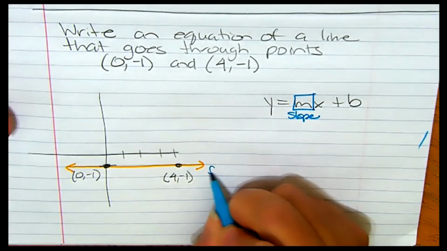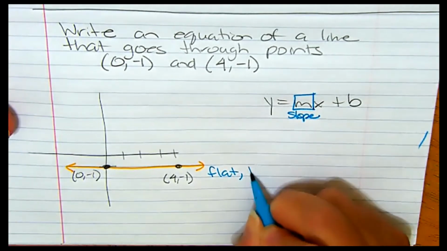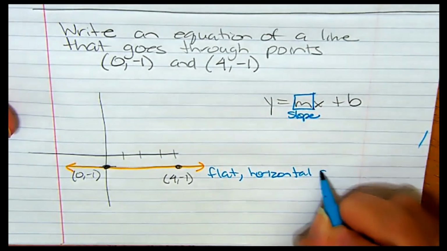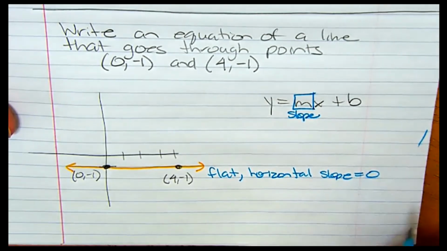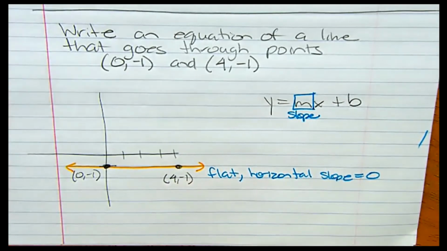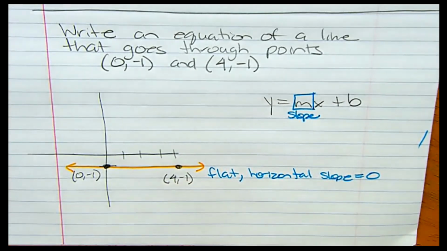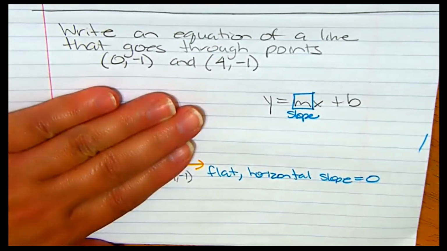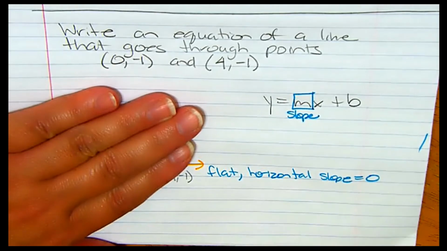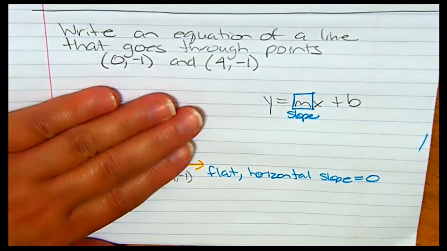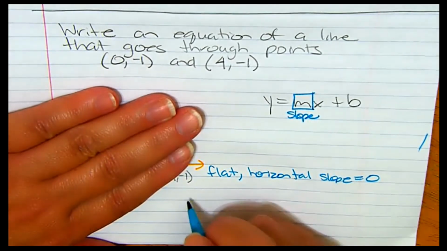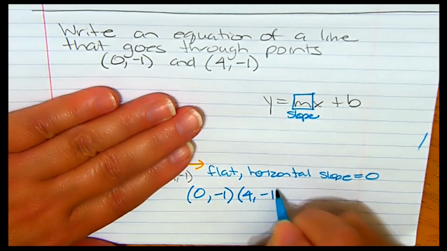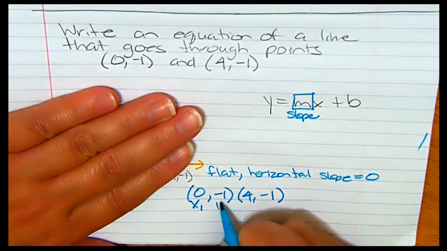Well, once again, I can see this is a flat horizontal line. And I remember that flat lines have a slope of 0. But if I wasn't sure of that, if they didn't give me the graph, they just gave me the points, can I determine the slope from the 2 points? Yes, I can. 0, -1, 4, -1. Let's label them.